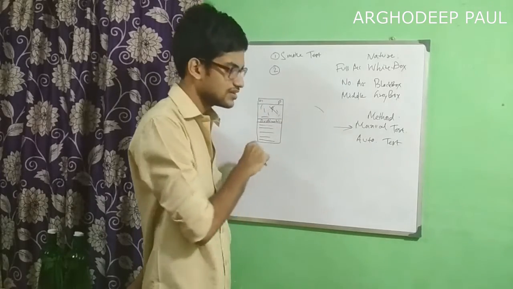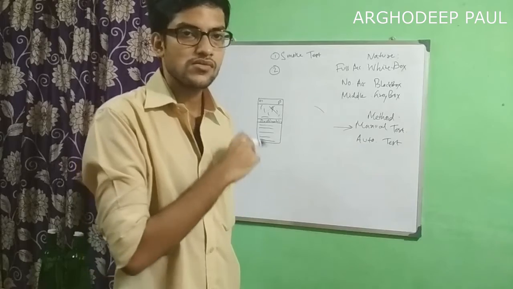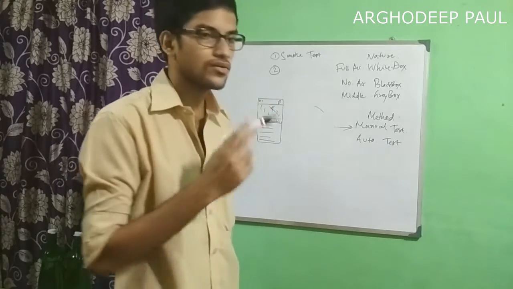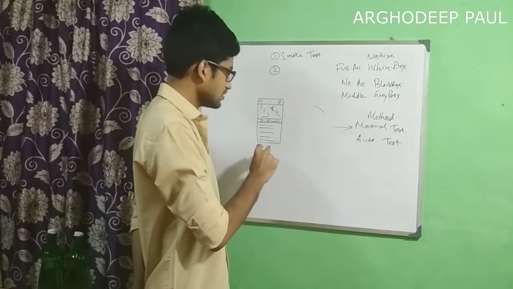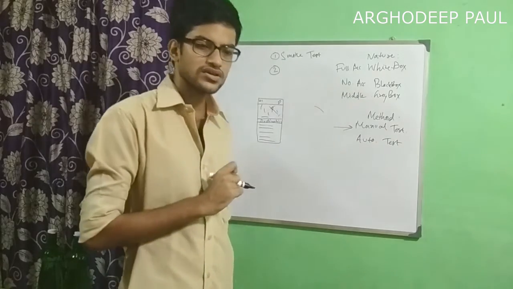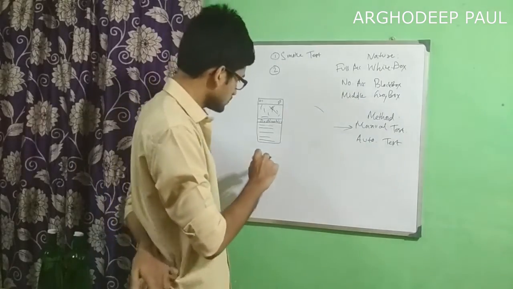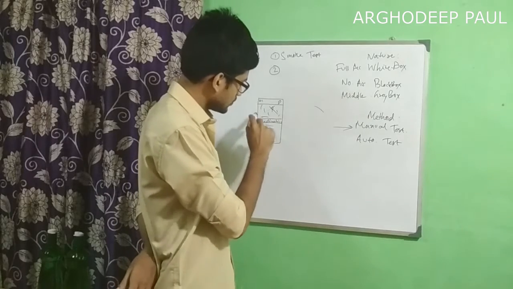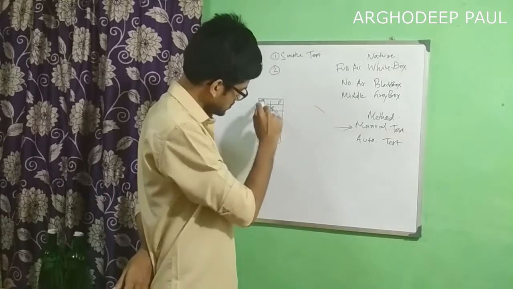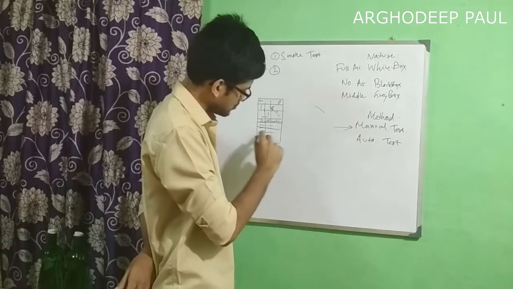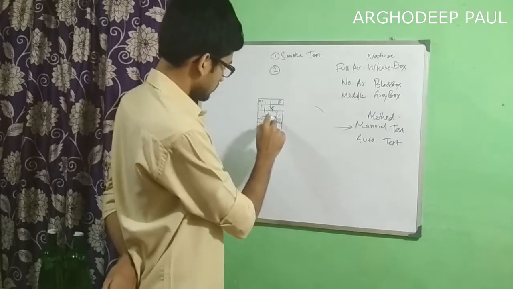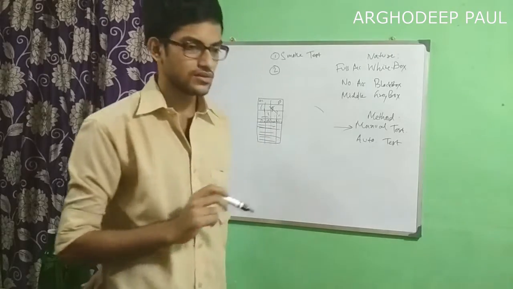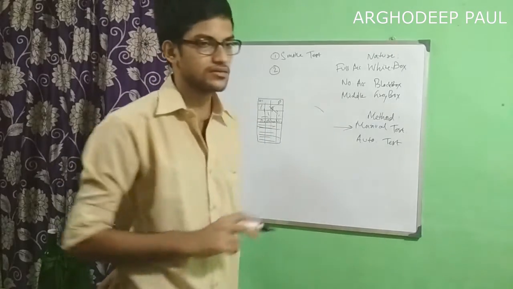But mostly, in case of manual testing, we would check the application as a whole thing. We are not checking individual modules. There are many modules in an application, but we are not concerned about the modules when we are talking about manual testing.